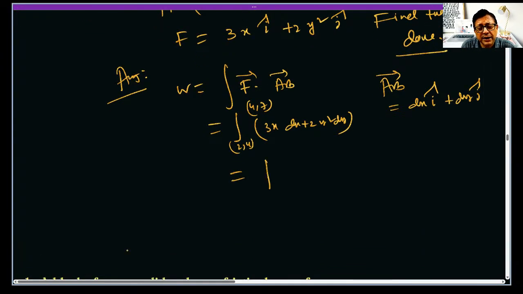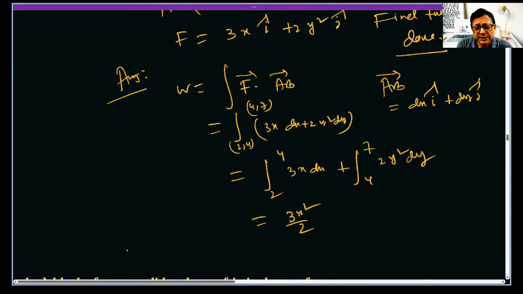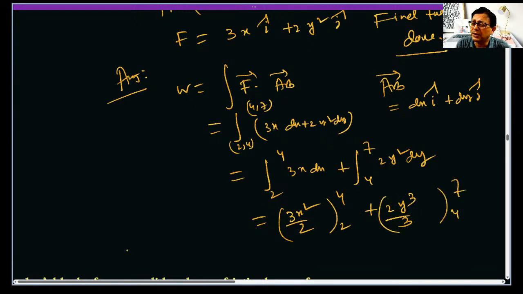This will be integral from 2 to 4 of 3x dx plus integral from 4 to 7 of 2y square dy. Just integrate: 3x square by 2 from 2 to 4, 2y cube by 3 from 4 to 7. Concept already explained. For x you take change of x coordinate, for work done along y axis, take change in y coordinate, 4 to 7. Clear?